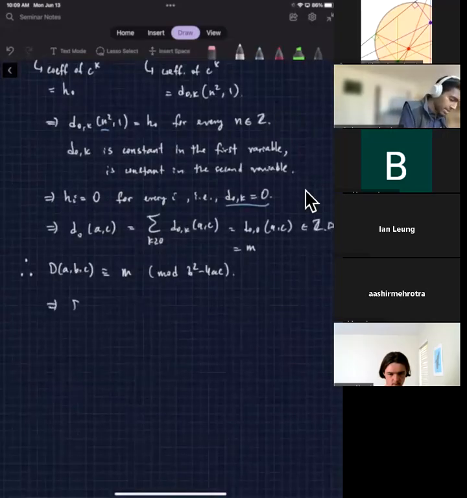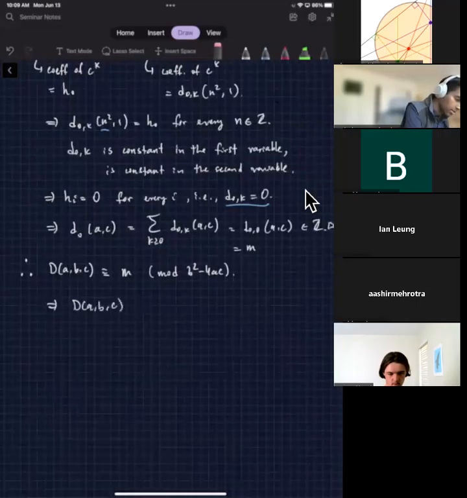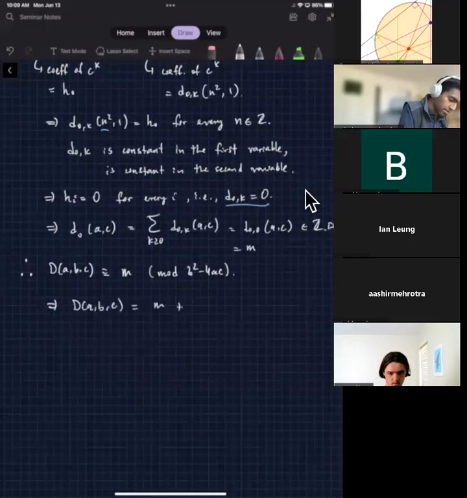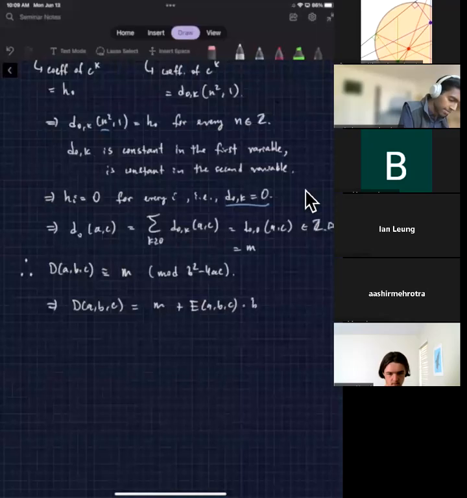Well, that implies that D(A, B, C) is equal to m plus some polynomial E(A, B, C) times b² − 4ac. Because then you could just set b² − 4ac equal to 0, and you'll get this congruence.